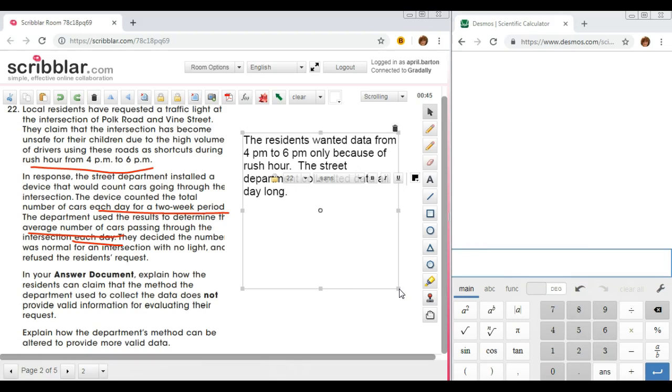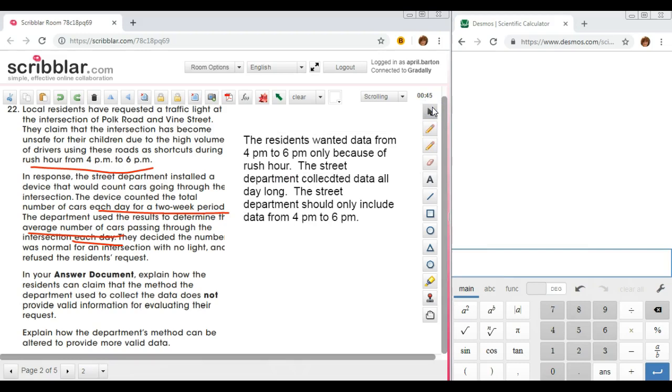So in order to address the residents' request, so that's what was wrong, in order to address the request, they should only include data from 4 to 6 p.m. and calculate that. So a sentence like that, that is how you would answer that question of what went wrong. So we answered what went wrong, and we answered how can they fix it.